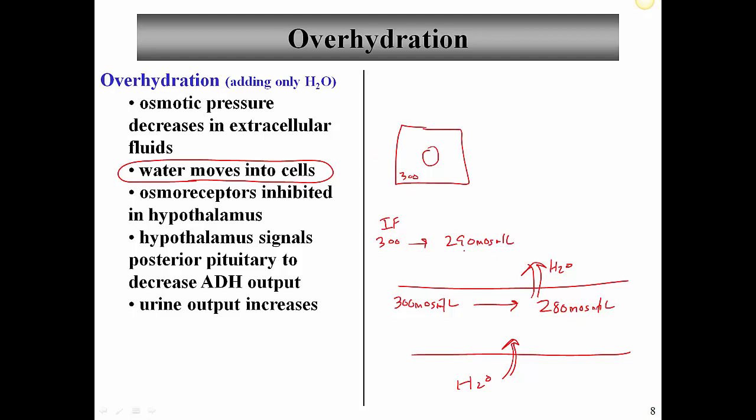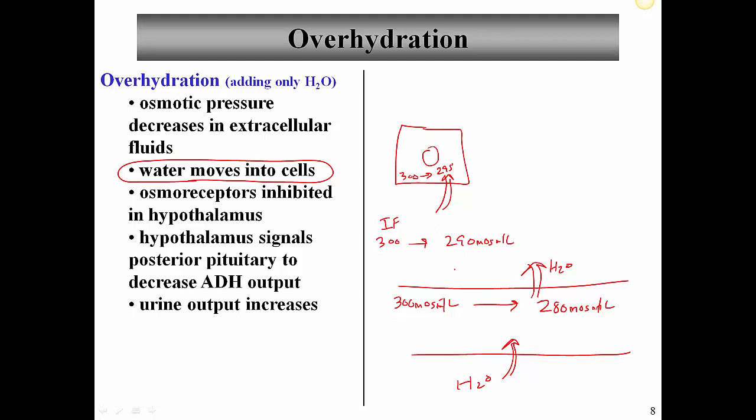Once again, we compare the intracellular fluid to the interstitial fluid, and we see that the interstitial fluid is hypotonic to the intracellular fluid, so water is going to move this way into cells. That changes the osmolarity inside cells. Let's say this goes to maybe 295 milliosmoles per liter or so.